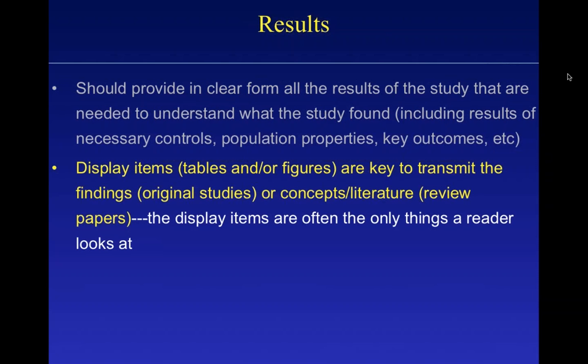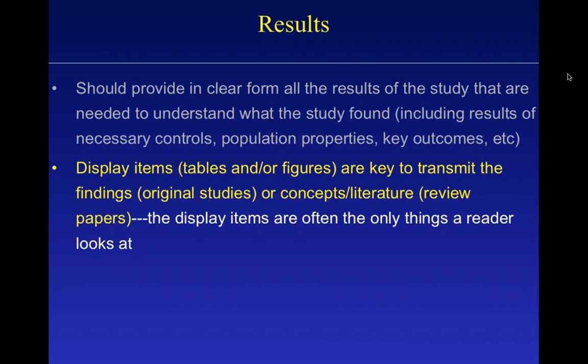Display items, such as tables or figures, are key to transmit the findings of original studies and the concepts of the literature in review papers. Keep in mind that the display items are often the only things a reader looks at. In fact, I think most readers nowadays, when they go to do a literature search, will first look at the title.